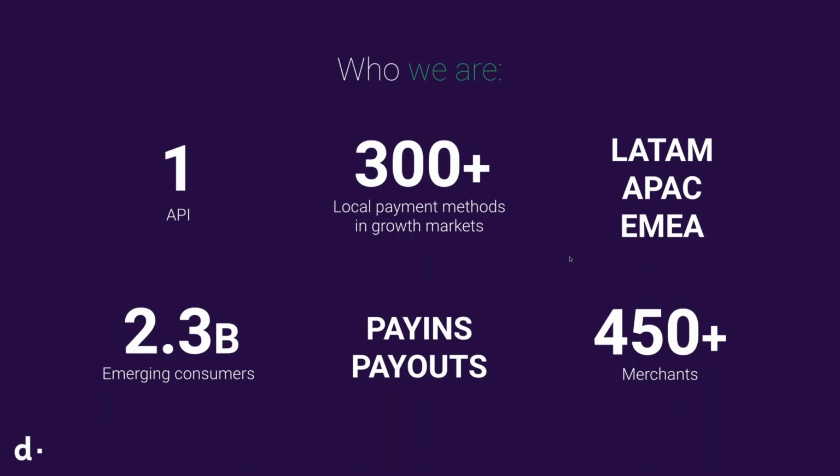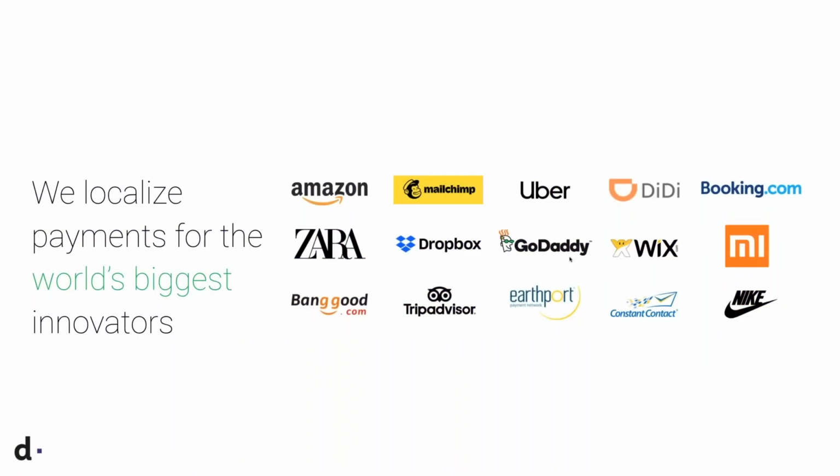We give our merchants a single API, and through this API, our merchants can access more than 300 local payment methods in emerging markets in the Latin America, Asia Pacific, and EMEA regions, targeting a total of 2.3 billion customers in these markets. We provide both pay-ins and payout solutions to more than 450 merchants, which includes some of the world's biggest innovators, such as the companies that you see in this slide.